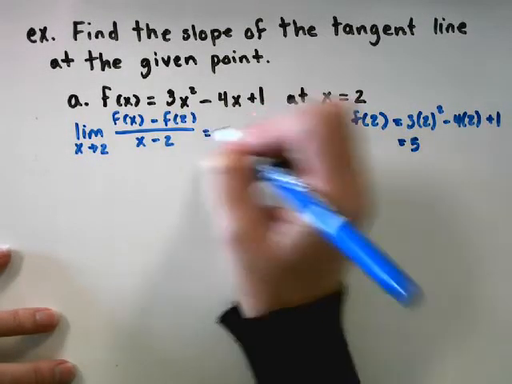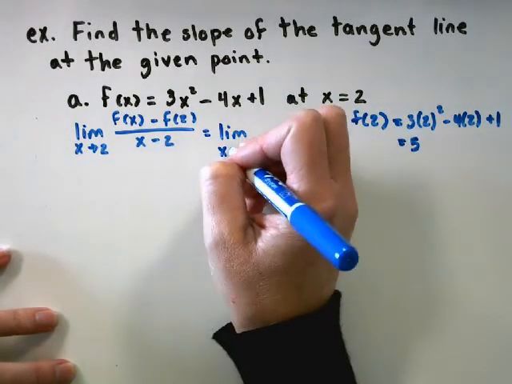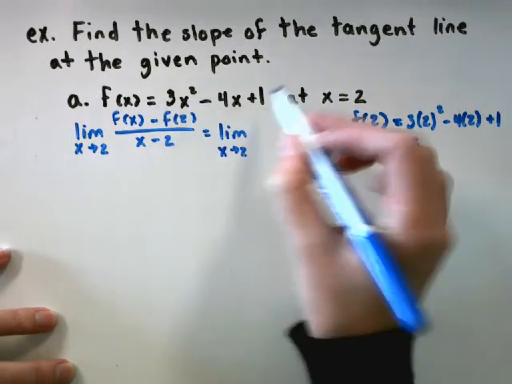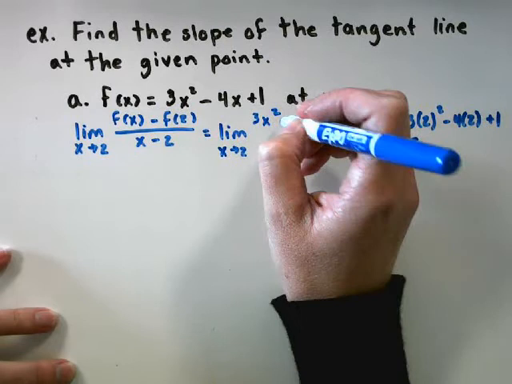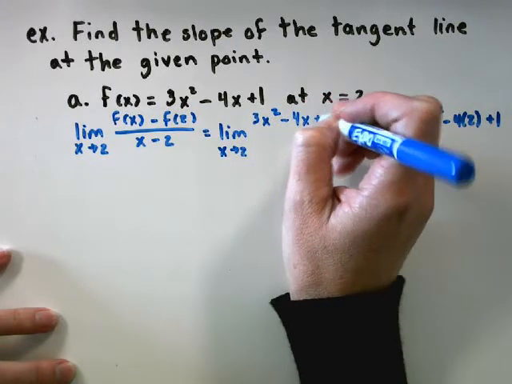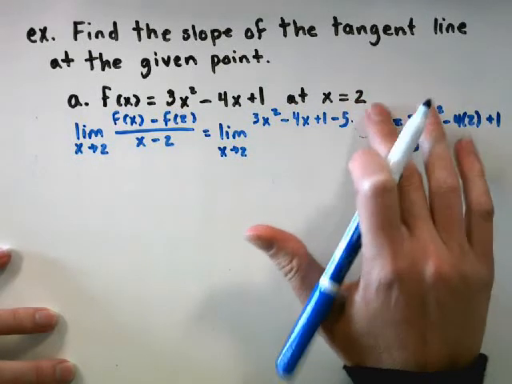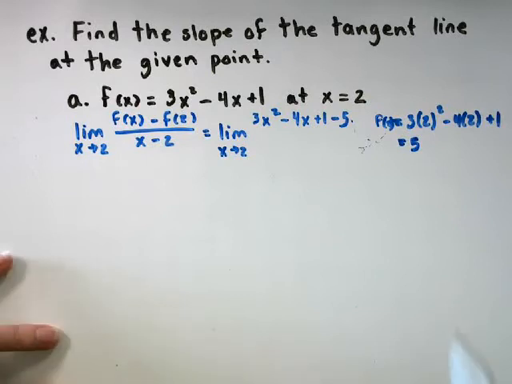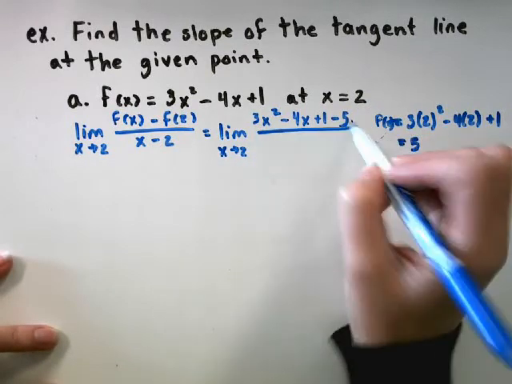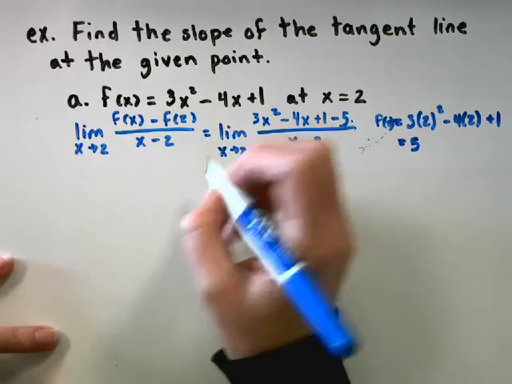Okay, so this is going to be the limit as x goes to 2 of f of x, which is this entire function, 3x squared minus 4x plus 1, minus 5, all over x minus 2. So then we'll simplify.